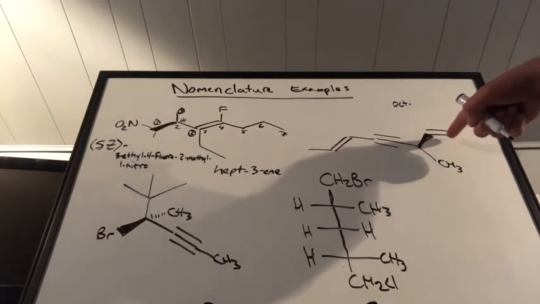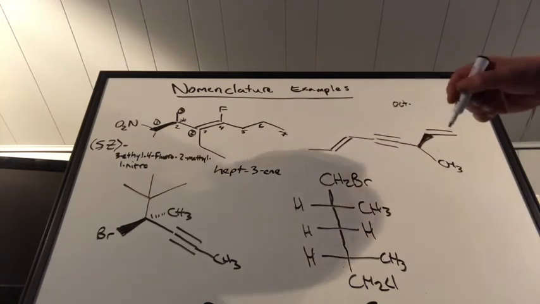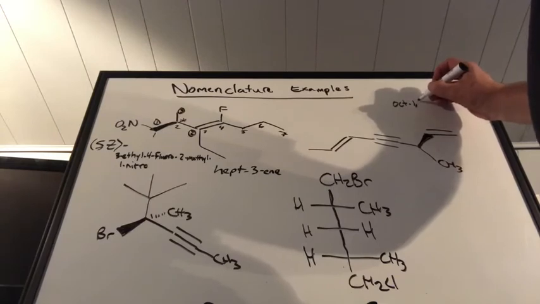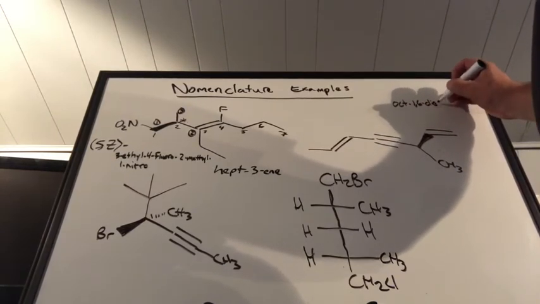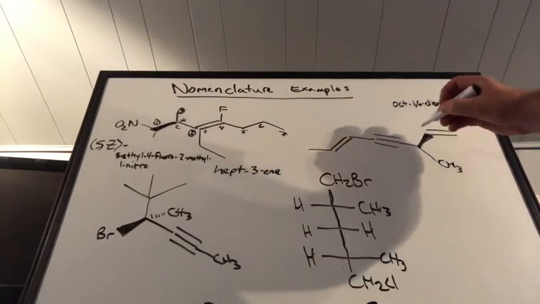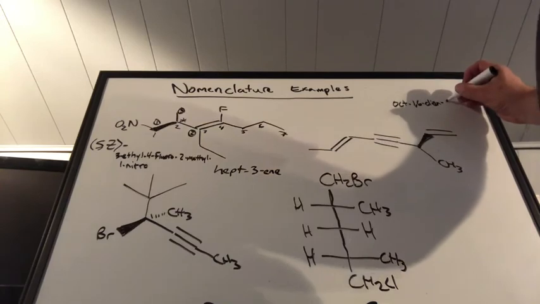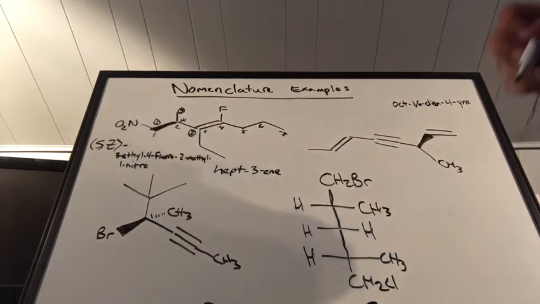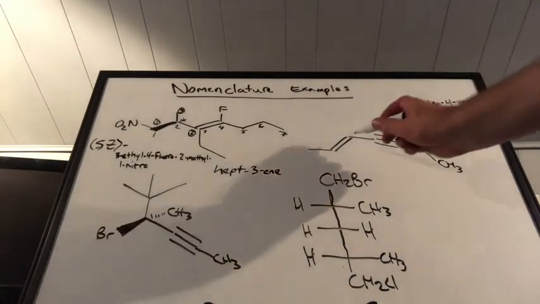So we have 1, 2, 3, 4, 5, 6. So 1, 6 diene. What was that? 1, 2, 3, 4 yne. Ooh, so that's the main root.